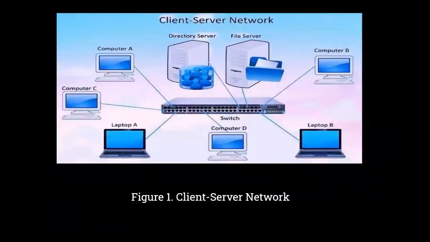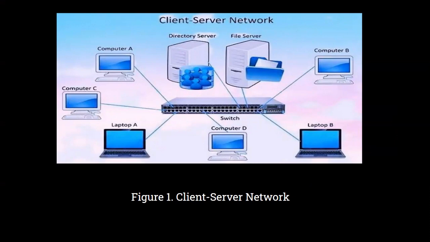Now here, let's discuss the diagram of client-server network. As you can see in the diagram, there are different devices connected with each other with a device called a switch. There are two servers at the top, namely directory server and file server.